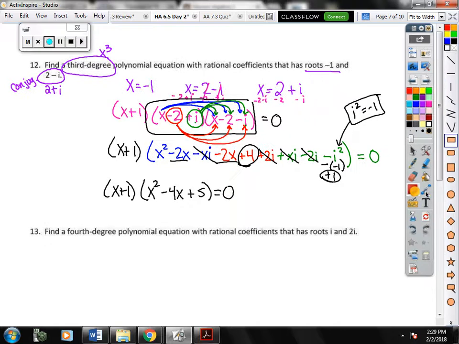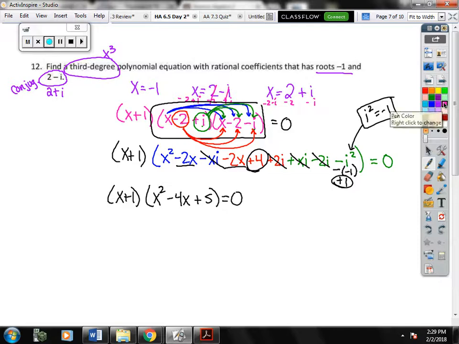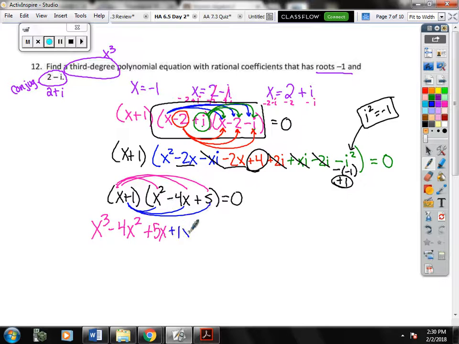And then the very last step from there is to, of course, FOIL that and get our final answer. So we should get x cubed minus 4x squared plus 5x plus 1x squared minus 4x plus 5.